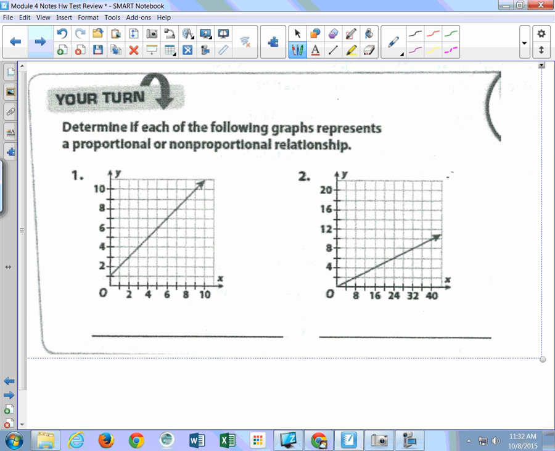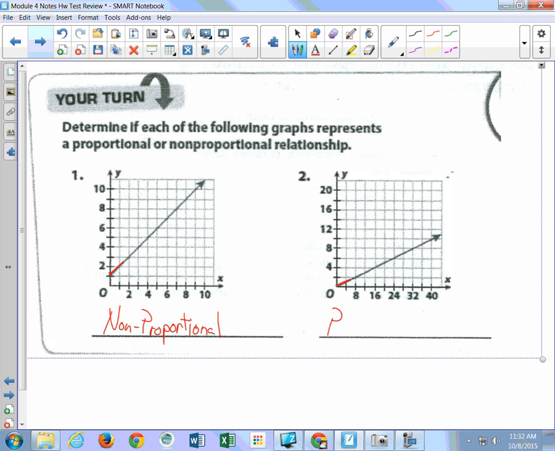Your turn number 1, determine if each of the following graphs represents a proportional or non-proportional relationship. So, does this first graph go through the origin? No. So it is non-proportional. Okay, number 2, does this graph go through the origin?